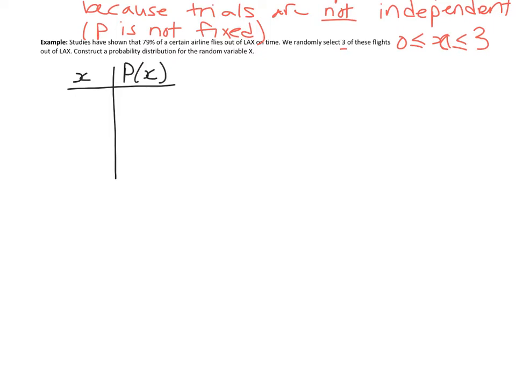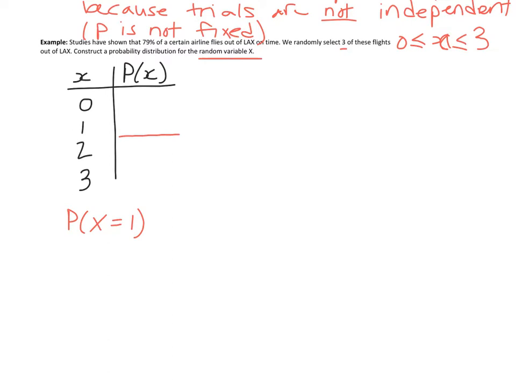Out of 3 flights, 0 can be on time, 1 could be on time, 2 or 3 could be on time. To get these probabilities, let's pick on the probability that 1 is on time. We're trying to fill in that number right there. So let's find the probability that x is equal to 1, where x is our random variable.